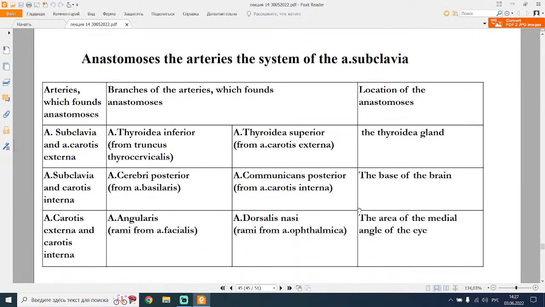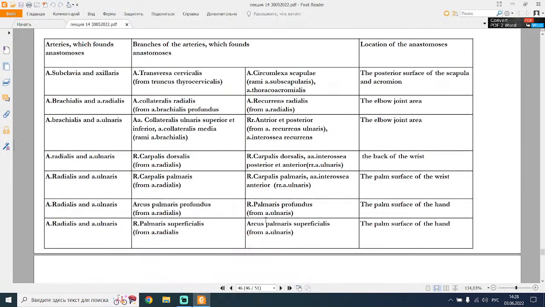For example, you see a table which consists of anastomoses of the arteries, the system of the arteria subclavia. You see the next table.